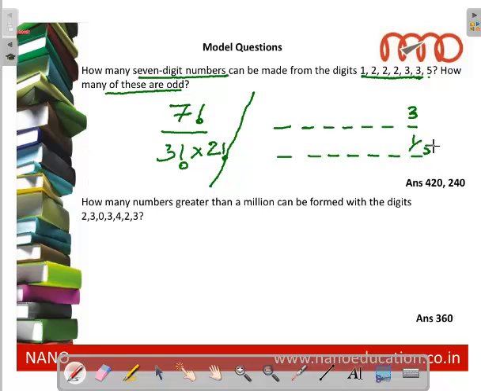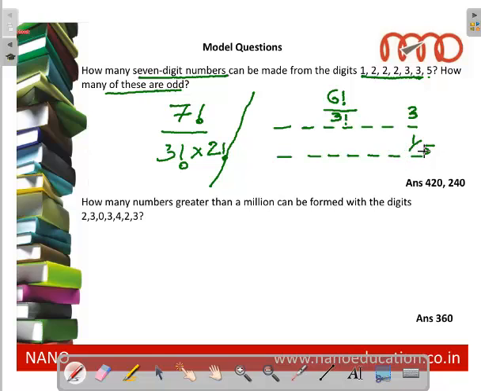We are separating these two cases because there are 2 3's whereas there is only one 5 and one 1. When the last place is 3, the remaining 6 digits have to be permuted in 6 places. We can do that in 6 factorial, and since the 3 2's are identical, we divide by 3 factorial.